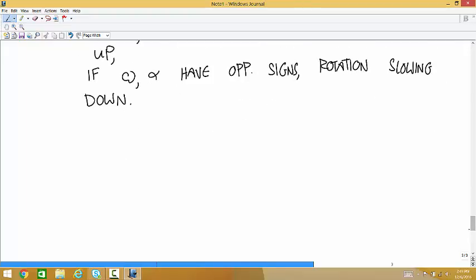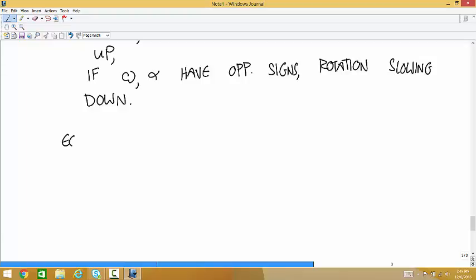Okay, so now I'm going to give you ways to go between those particle quantities that represent the velocity and acceleration of a single point on the body, and these rotational quantities that we just talked about.